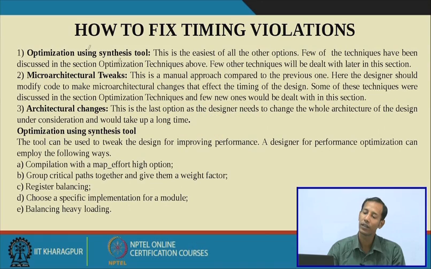You can use this for reducing timing violations. Microarchitectural tweaks is a manual approach compared to optimization through the synthesis tool, not an automated approach. Here the designers should modify the code to make microarchitectural changes that affect the timing of the design. We have already discussed this in the last few classes.